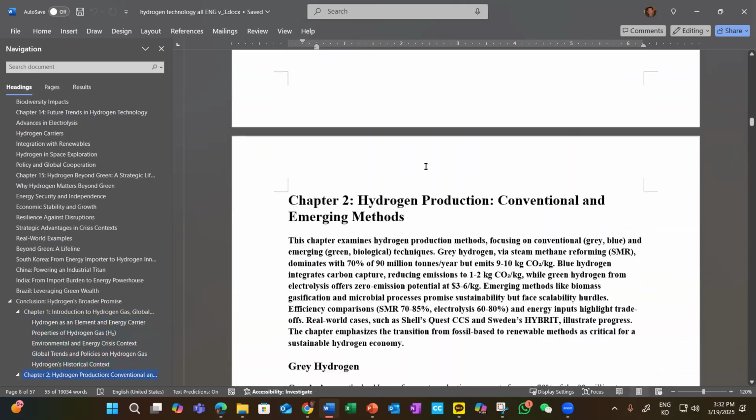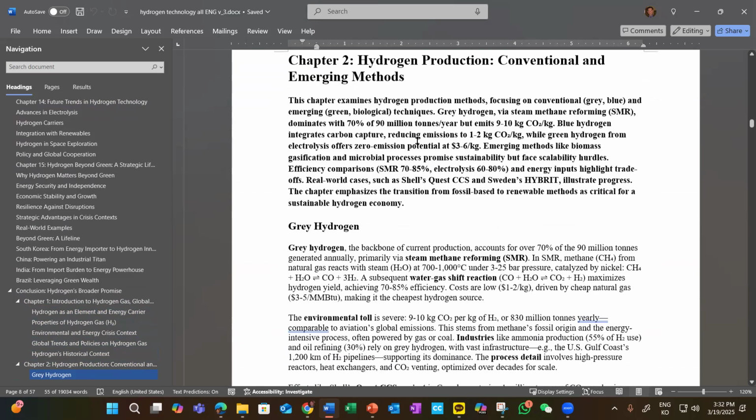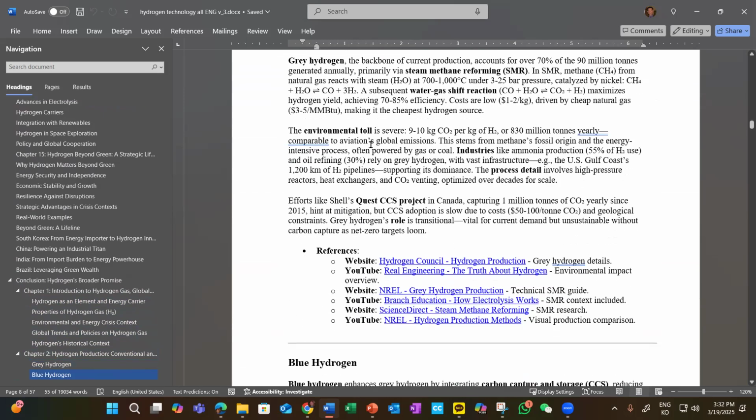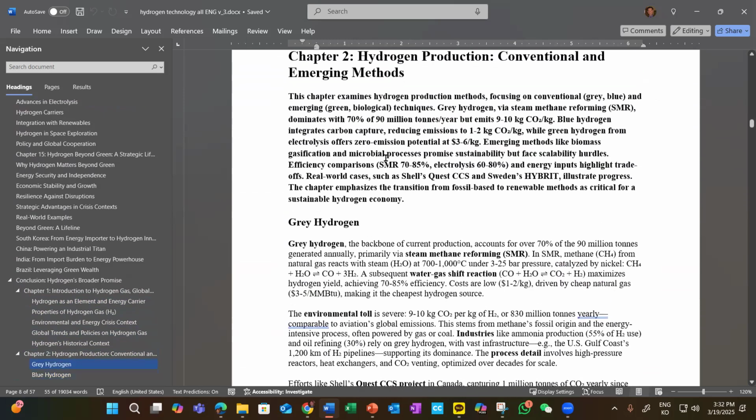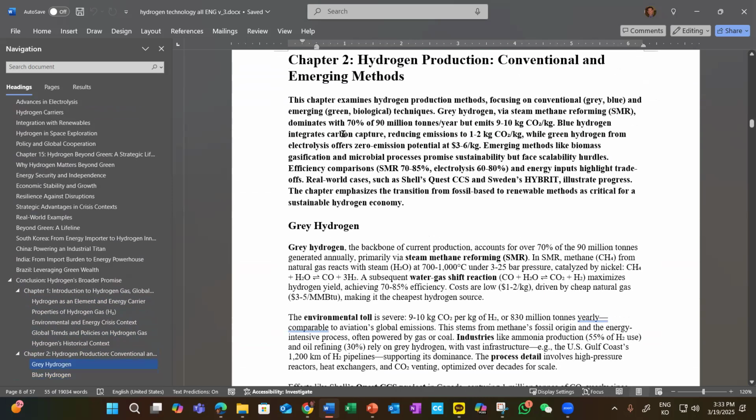And as I mentioned today, how to generate hydrogen gas, production of hydrogen, conventional and emerging methods. I don't want to just read line by line here. Please read all the important numbers and concepts.